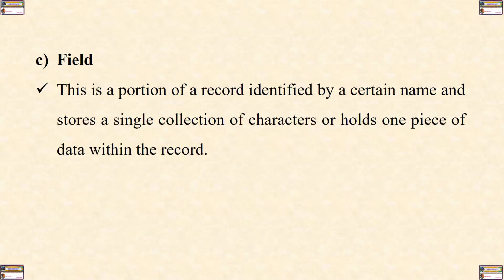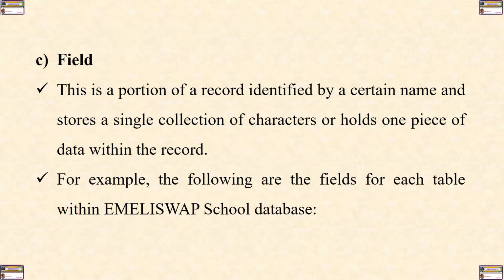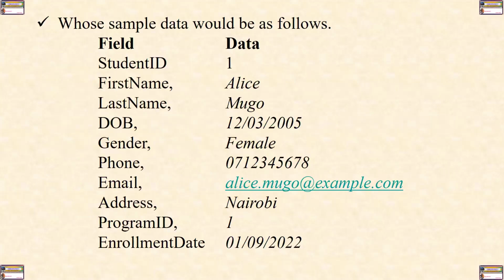So what is a field? A field is a portion of a record identified by a certain name and stores a single collection of characters or holds one piece of data within that record. For example, we have looked at the students table and we have seen these fields. As you can see, student ID is a single field and it contains a single piece of data.